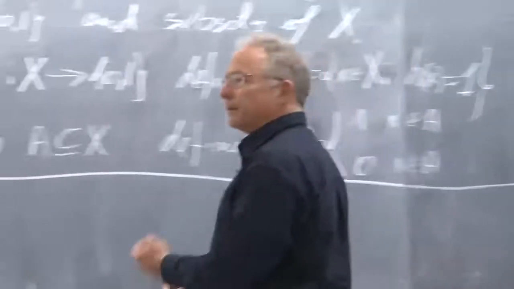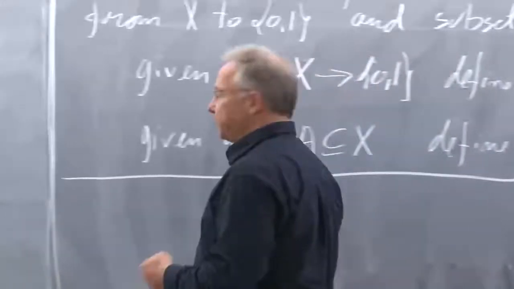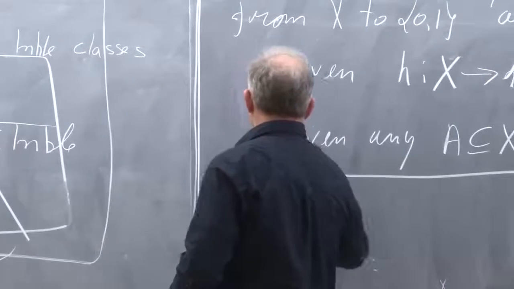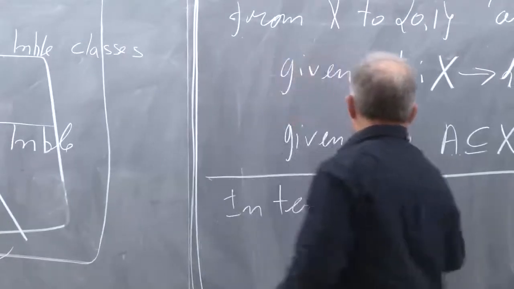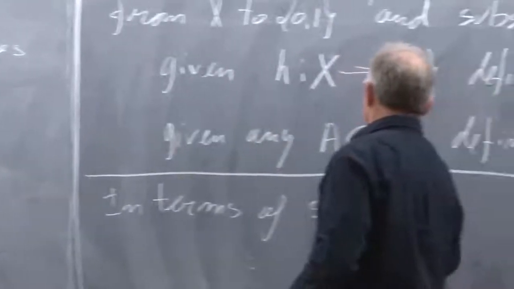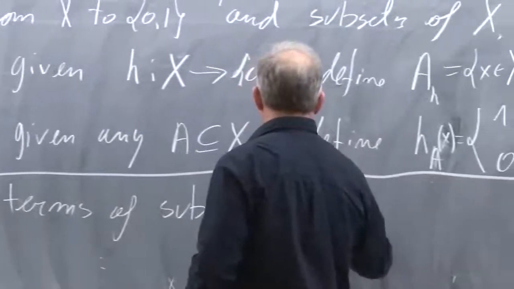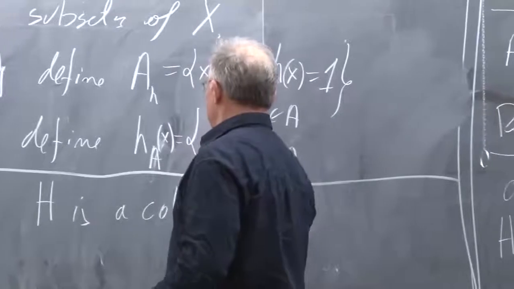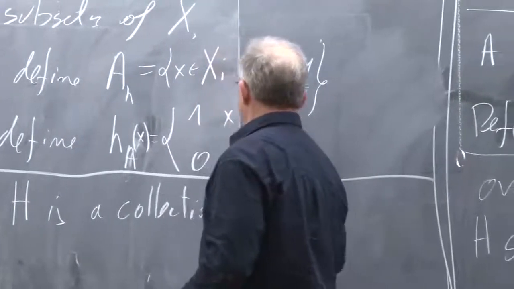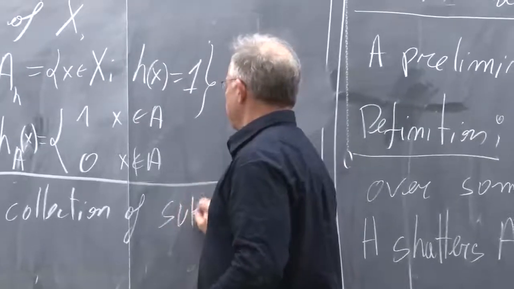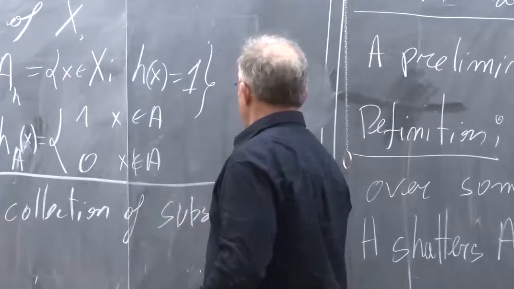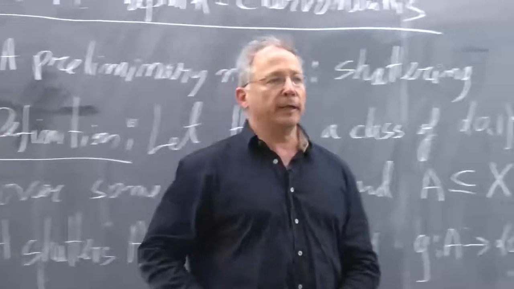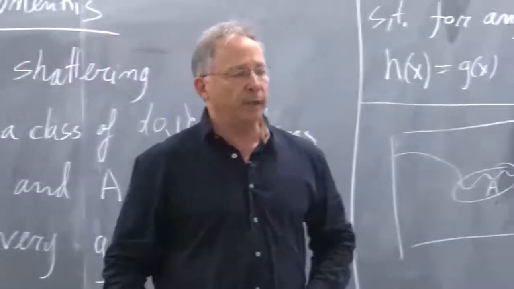So I can now repeat the definition in terms of subsets. So now in terms of subsets, H is a collection of subsets of X. H, rather than be a collection of functions, is now a collection of subsets.